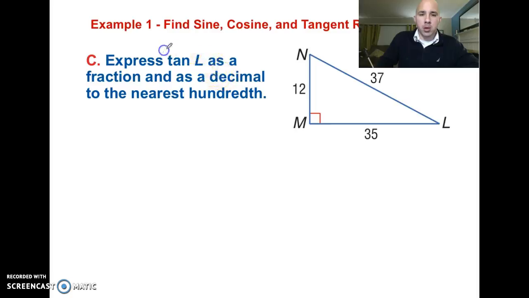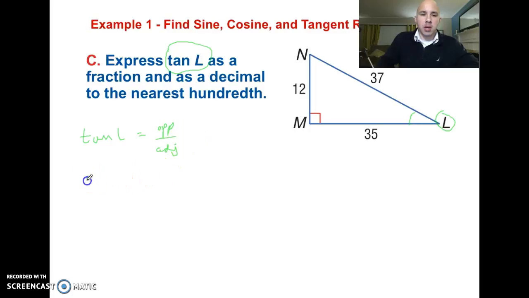All right, so this is what they're asking for. Tangent L. I'm going to locate angle L. It's going to be this one right over here. I'm going to write down my definition. So tangent L, the definition is opposite over adjacent for the ratio.